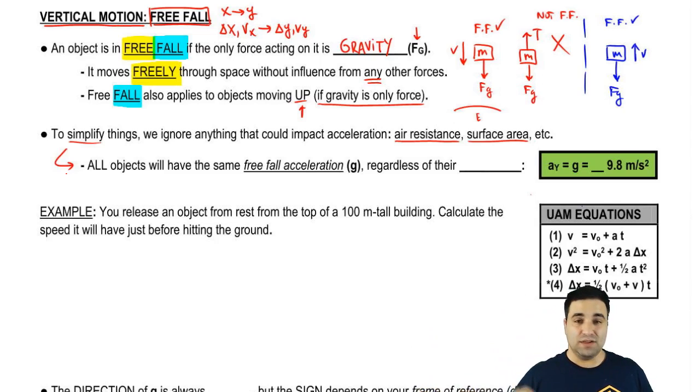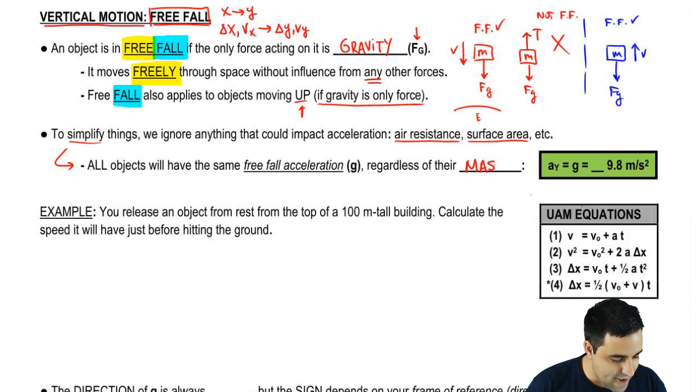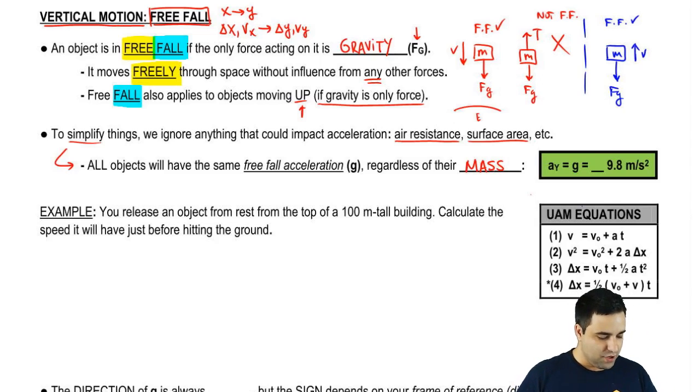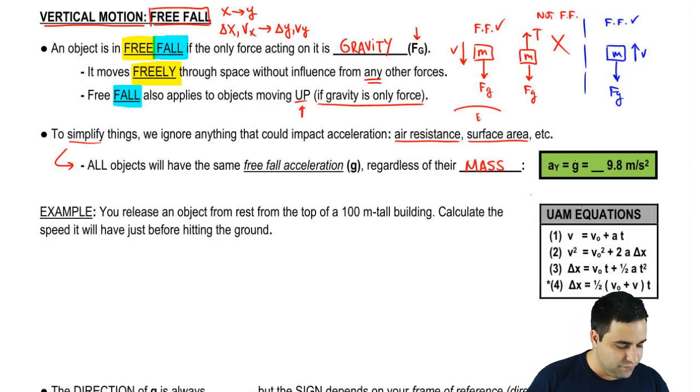In fact, they fall at the same rate as long as you ignore air resistance, which is what we're going to do here. Free fall ignores air resistance, so all the objects will fall at the same rate regardless of their mass. And they're going to fall with an acceleration of g.